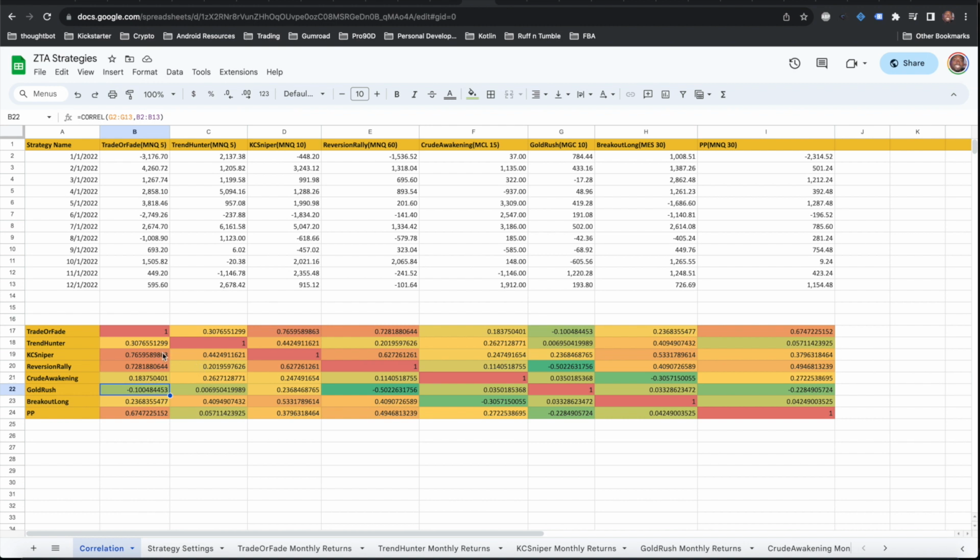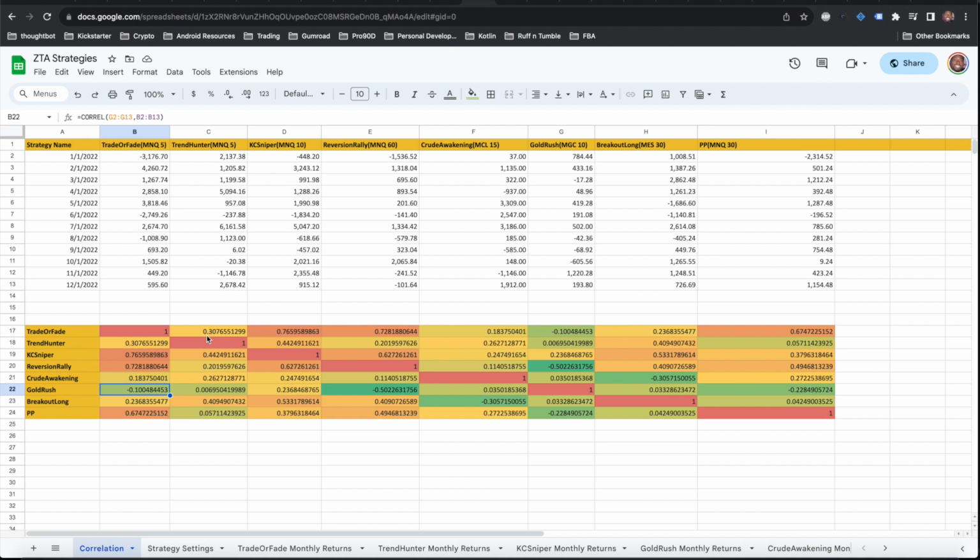And so you can see that if for some reason we wanted to figure out just how correlated Trader Fade, for example, was to Trend Hunter, all I would have to do is come down here to Trader Fade and move across to the Trend Hunter column. You can see that the overall correlation of those two strategies is 0.30, which is quite low, which is good.